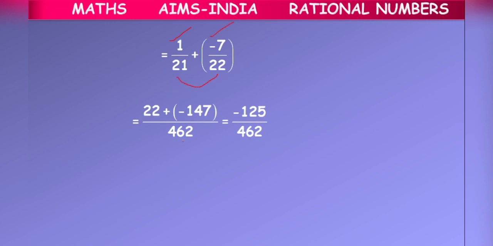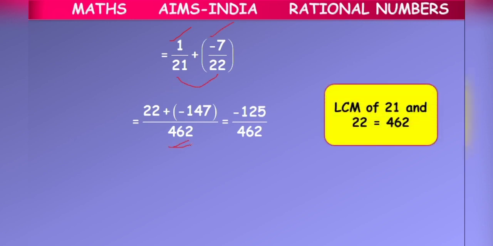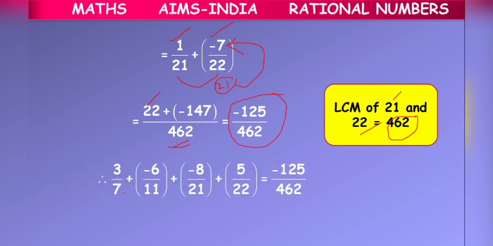The LCM of 21 and 22 is 462. 22 21s are 462. This 21 we have to multiply with 7. 21 7s are 147. After simplification, for the given value the answer is minus 125 by 462. Okay, children?